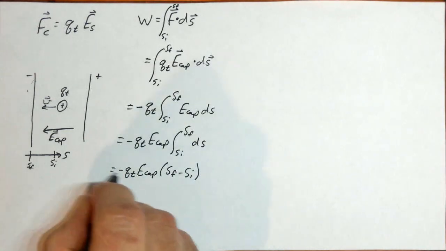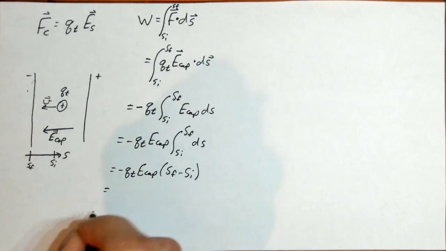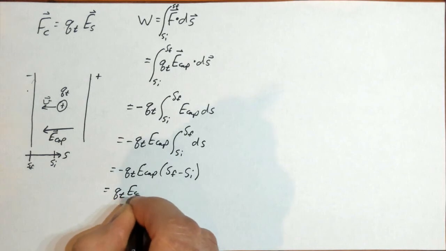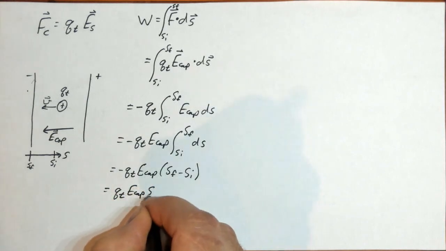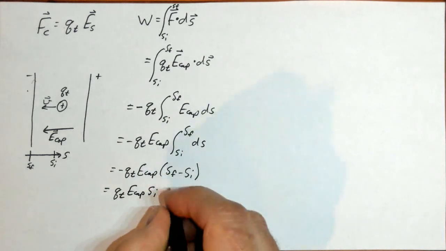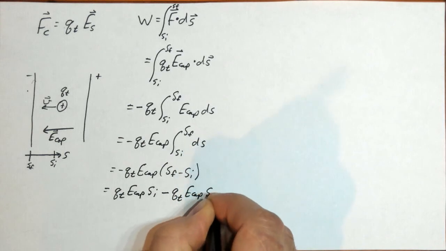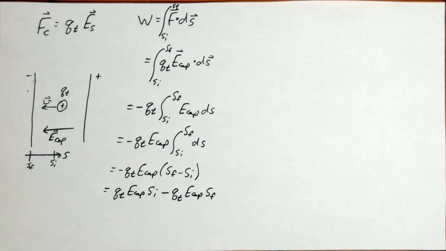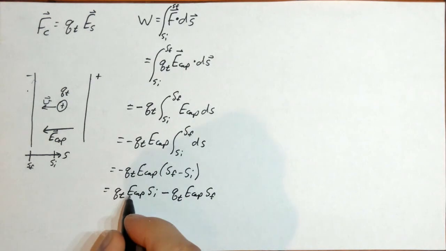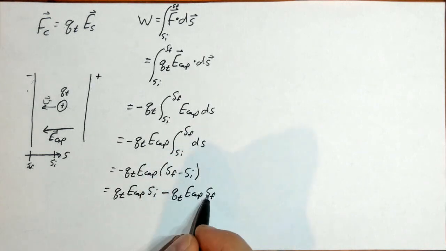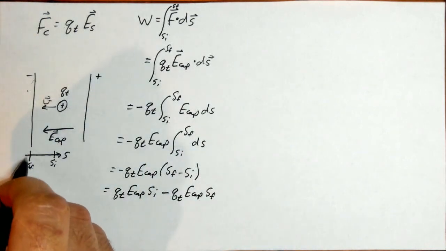And I can just separate these two out and add that across, or switch their positions. And I could say qt E capacitor S initial, so minus a minus a positive, minus qt E capacitor S final. Okay. Now, what's interesting about this is that we have the change in position, but our S final in this case, we chose this as a reference of 0.